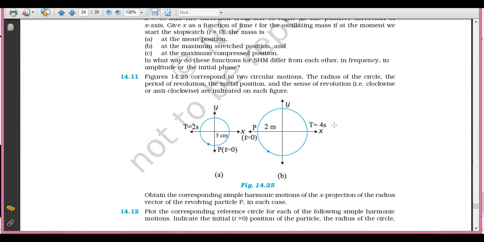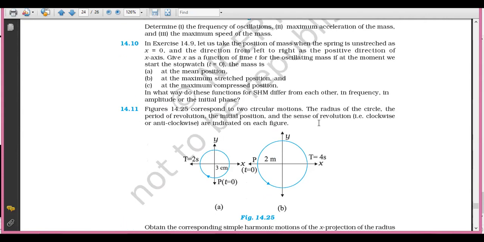Okay, we can try this one. Question 14: Take the direction of the mass with the spring unstretched as the positive direction of the X axis. Give x as a function of time t for the oscillating mass, if at the moment you start the stopwatch, t equal to 0, the mass is at the mean position, the maximum stretch position, and the maximum compressed position.